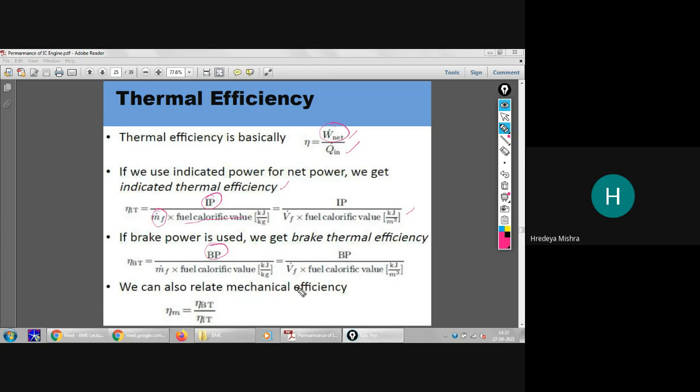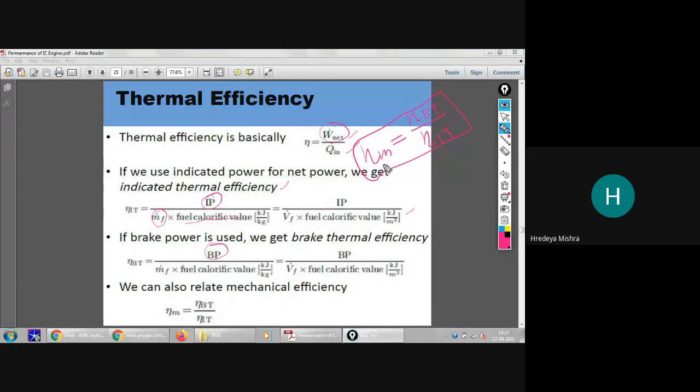We also relate mechanical efficiency. Mechanical efficiency equals brake thermal efficiency divided by indicated thermal efficiency.